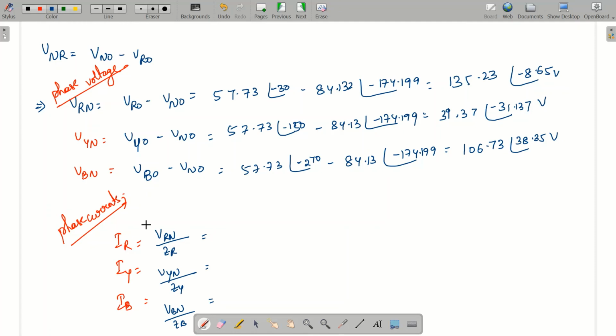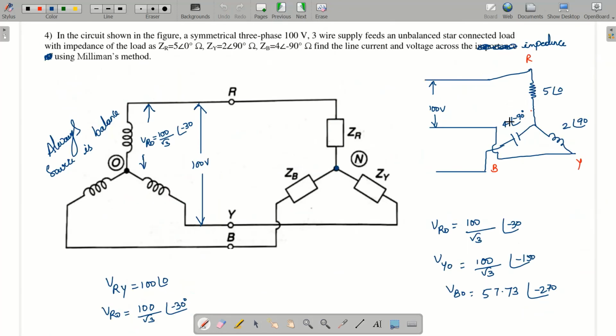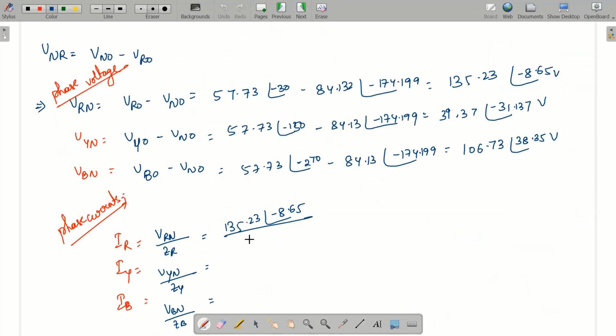VRN is 135.23 at an angle of minus 8.65 divided by ZR, which is 5 at an angle of 0. Then 139.37 at an angle of minus 31.137 divided by 2 at an angle of 90. And 106.73 at an angle of 38.35 divided by 4 at an angle of minus 90.